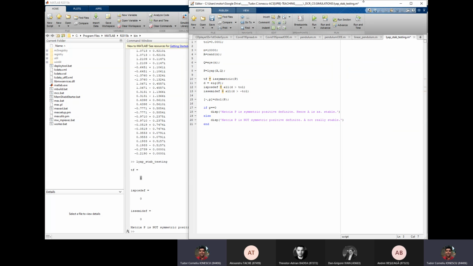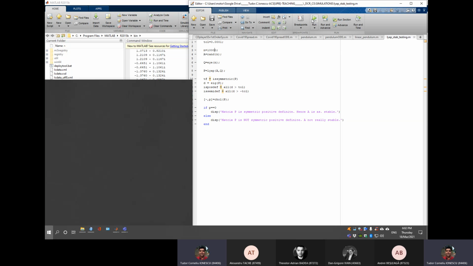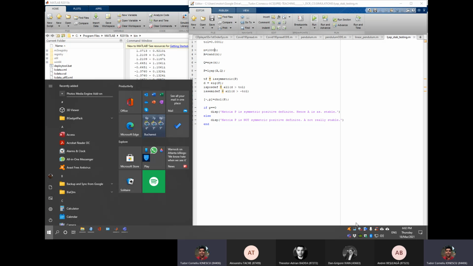Okay, so let's try a 10,000 order matrix. I hope it's not crashing. Right. Let's see how much. No, it's not using too much CPU. Strange.